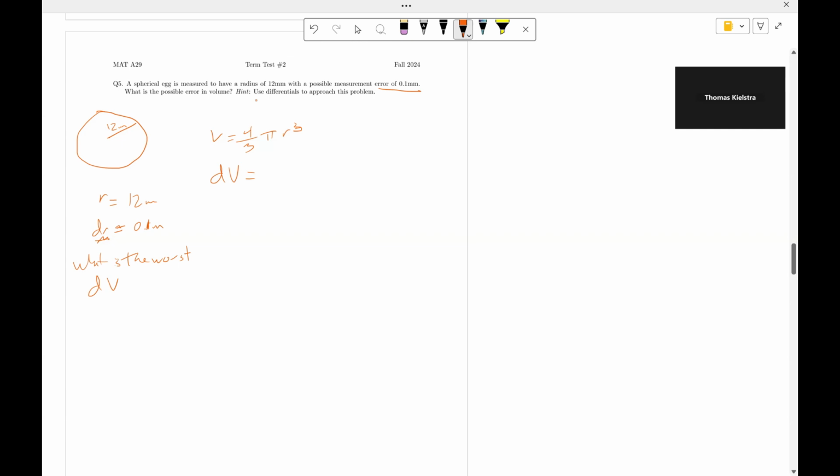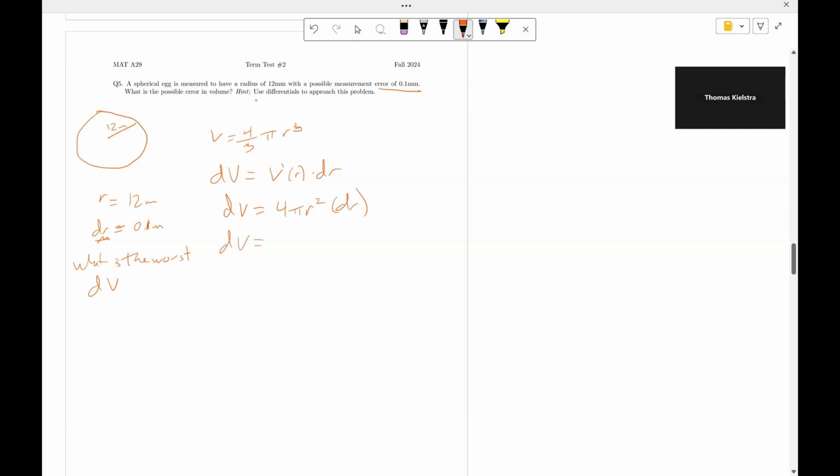Well, dV using differentials is I take the derivative of this expression, so V prime of r times dr. So the differential dV is 4 pi r squared times dr. My r is 12, my dr is 0.1.